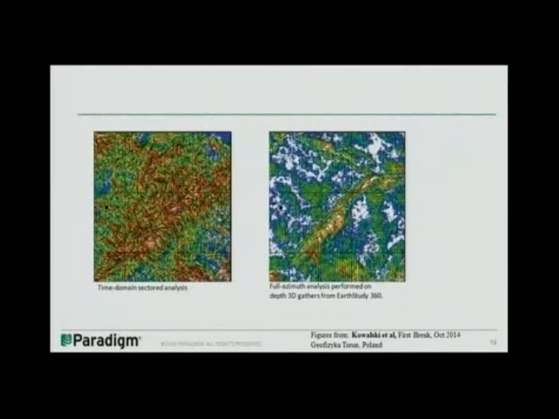Here is, for example, two maps created from exactly the same data, and you can see that they are very, very different. So again, the question is, of course, which one is the right one and which one is not. This is where we put most of the effort: trying to estimate the reliability of the measurements that we are providing.